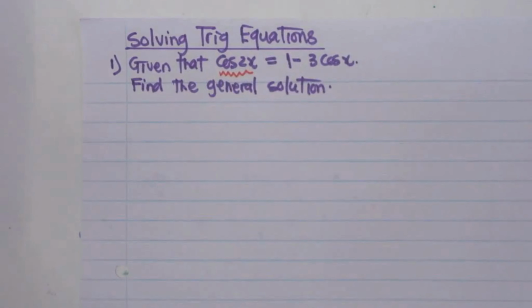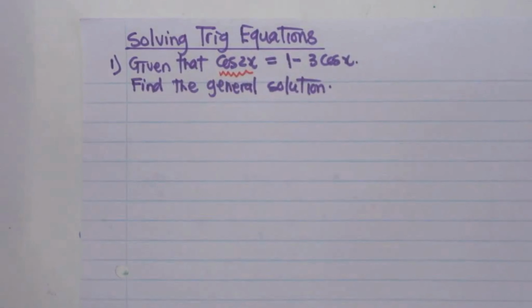So if I put the identity there, I'm going to get 2 cos squared x minus 1 is equal to 1 minus 3 cos x. Then I rearrange, I'm going to get 2 cos squared x plus 3 cos x minus 2 is equal to 0.